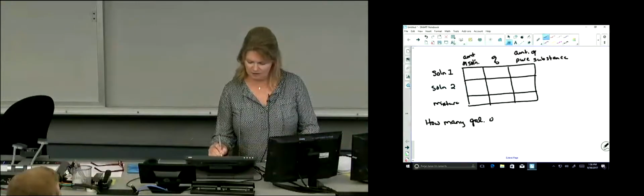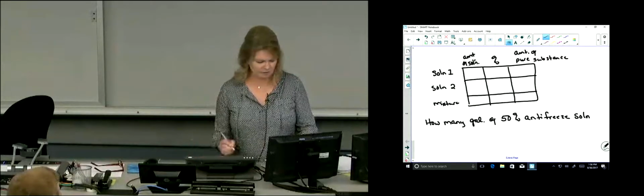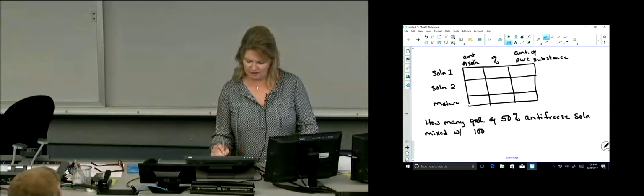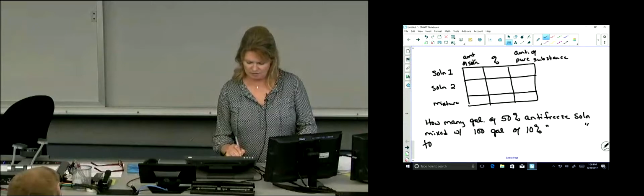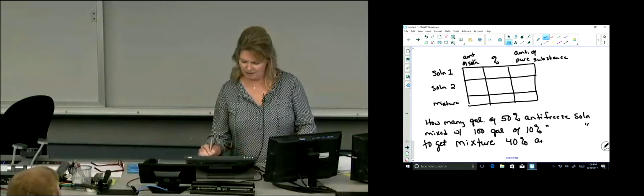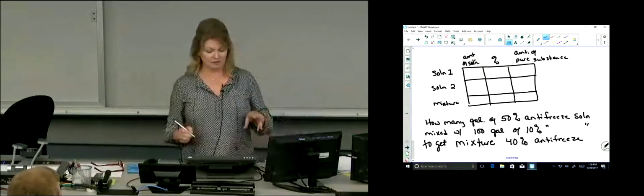how many gallons of 50% antifreeze solution must be mixed with 100 gallons of 10% antifreeze solution to get a mixture that's 40% antifreeze. So you see how we're mixing a 10% and a 50%.